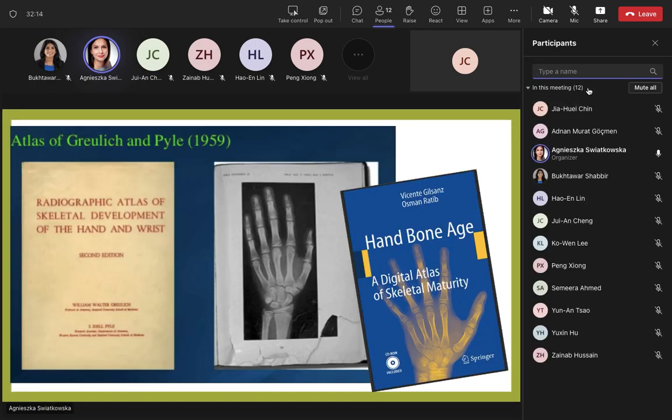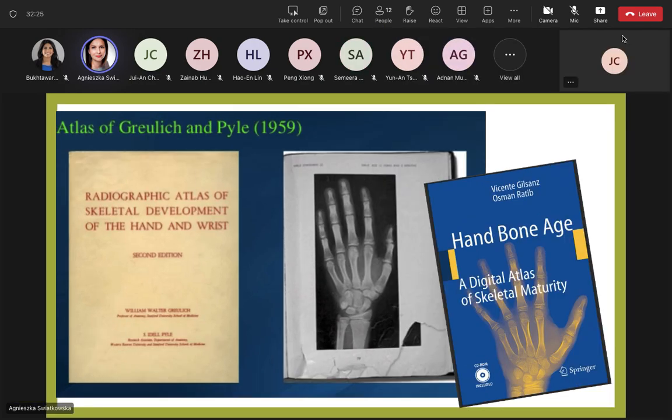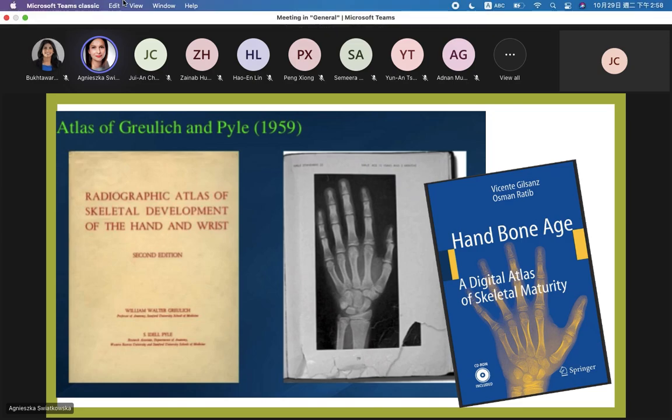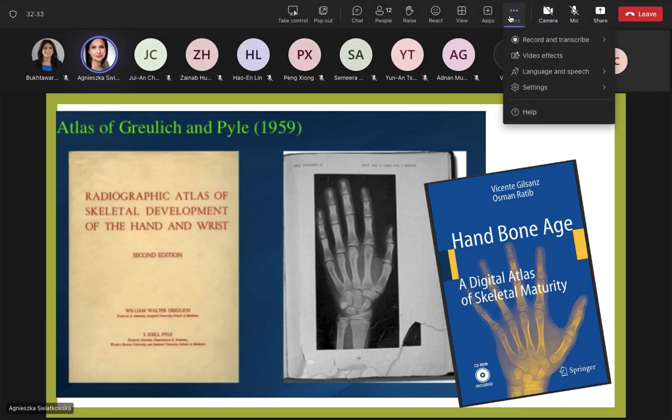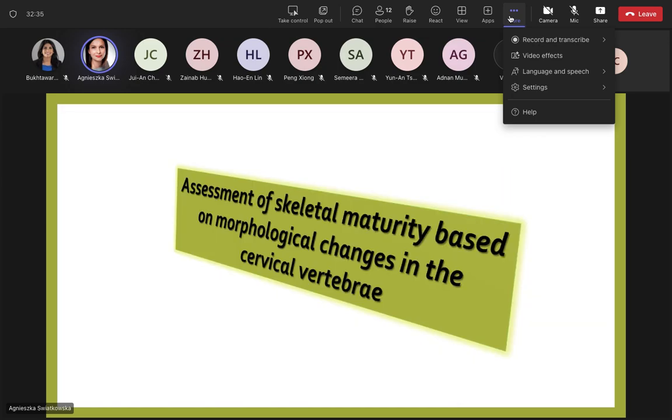So nowadays we as orthodontists don't use it often, but it is still a very good method which is used in the world, but not as frequently in orthodontics as earlier.